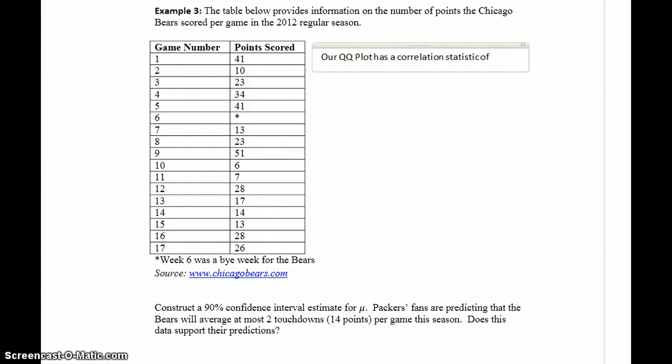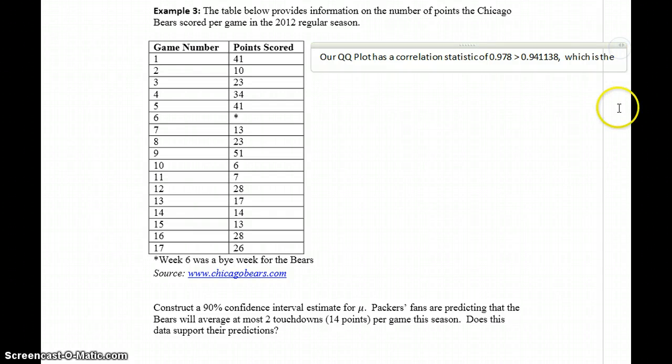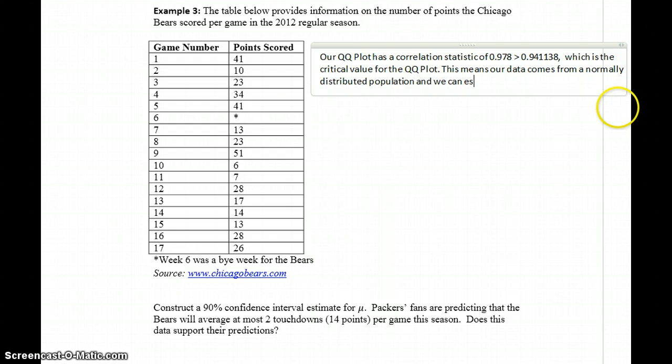So our QQ plot has a correlation statistic of 0.978, which is greater than 0.941138, which is the critical value for the QQ plot. This means our data comes from a normally distributed population. And we can estimate the mean.